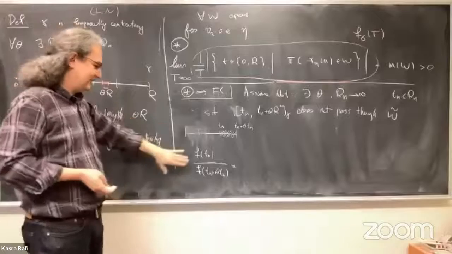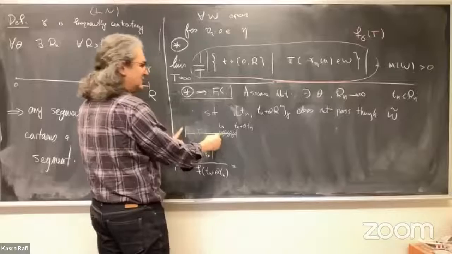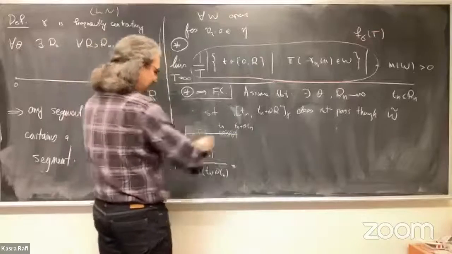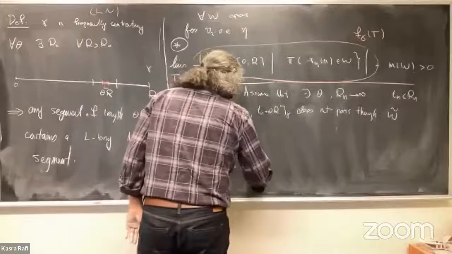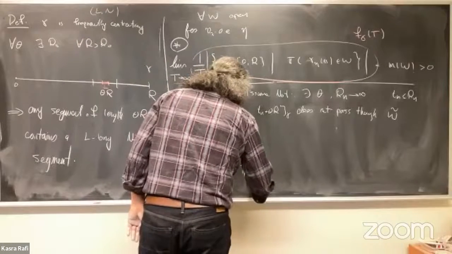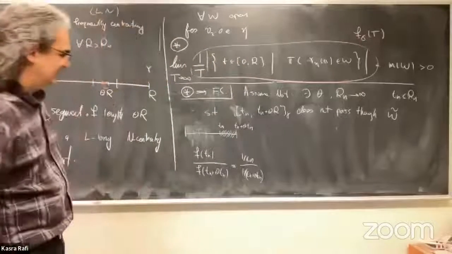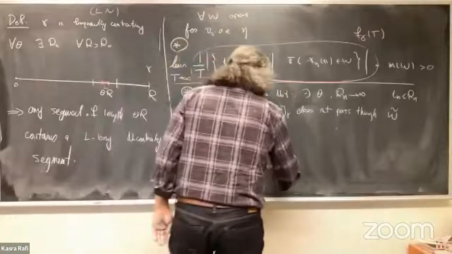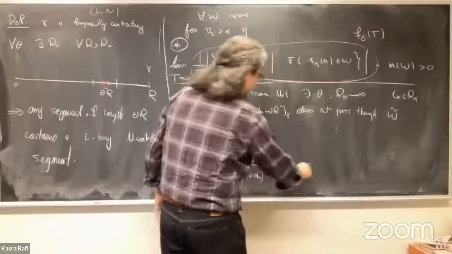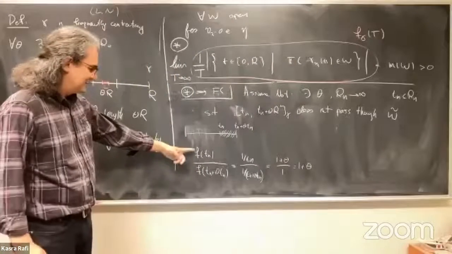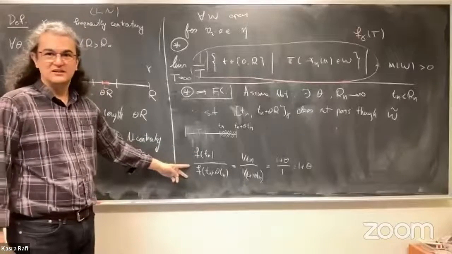All that is left is 1/Tn divided by 1/(Tn plus theta Tn), and then the Tn cancels out. So it's 1 plus theta. So it's not equal to 1. The ratio of the function at these two different times is not equal to 1.